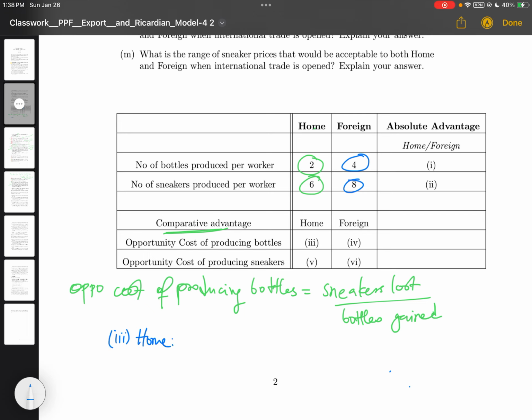So we are calculating the opportunity cost of producing bottles in home now. Looking at just the home numbers, fixing our eyes on this column for home, we see that sneakers produced per worker there is 6. Bottles produced per worker in home is 2. So 6 sneakers.